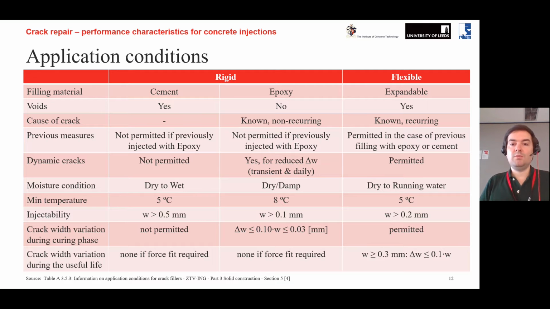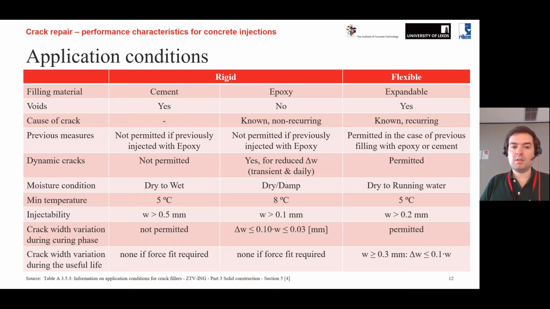But for example, if we decide otherwise, if we decide that actually structural capacity across the crack is important, and we filled with polyurethane, we cannot apply epoxies or cement. So you need to be sure, I think from the start, what's the right product to be used.